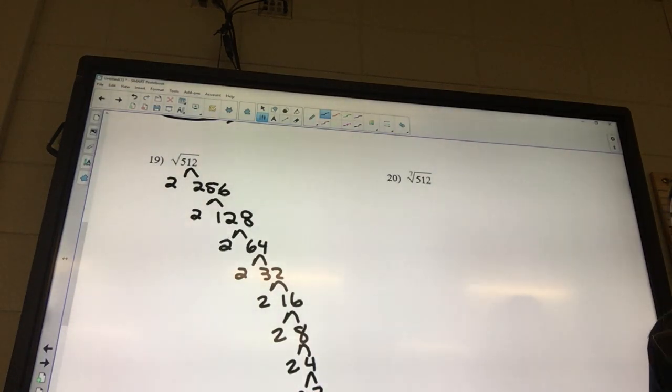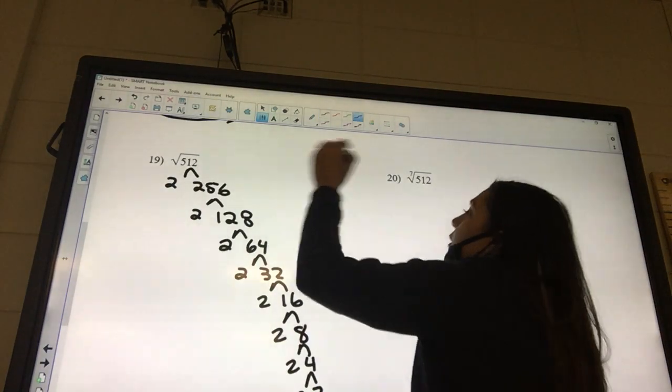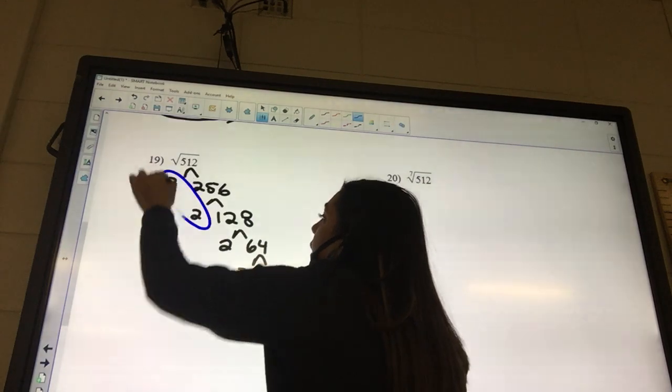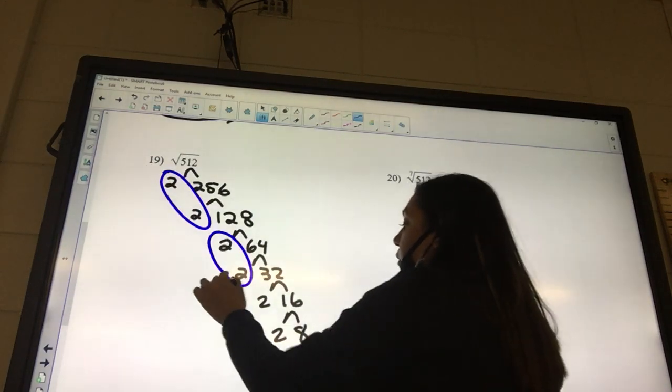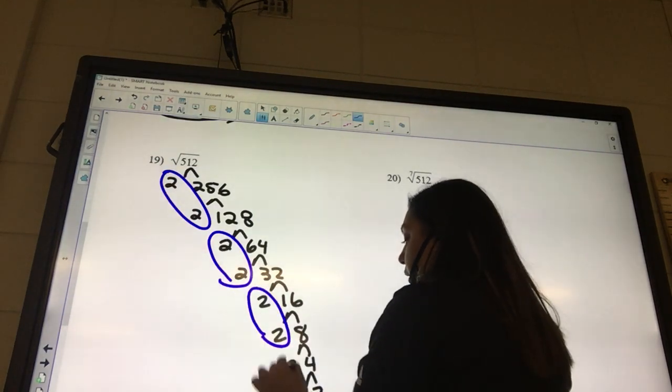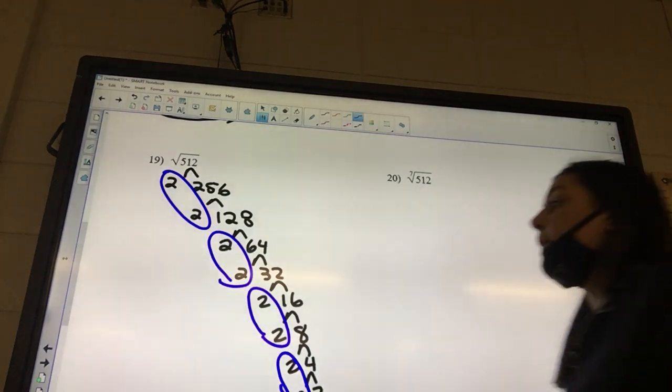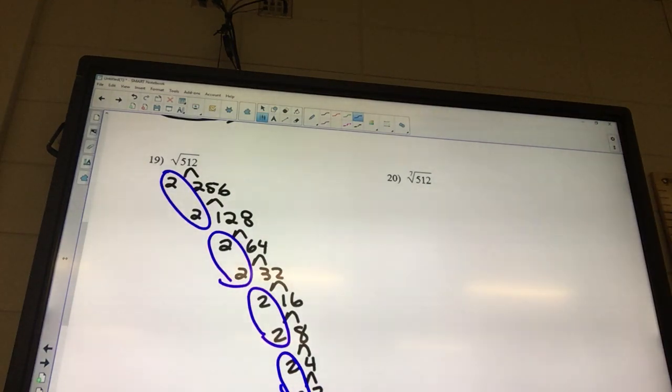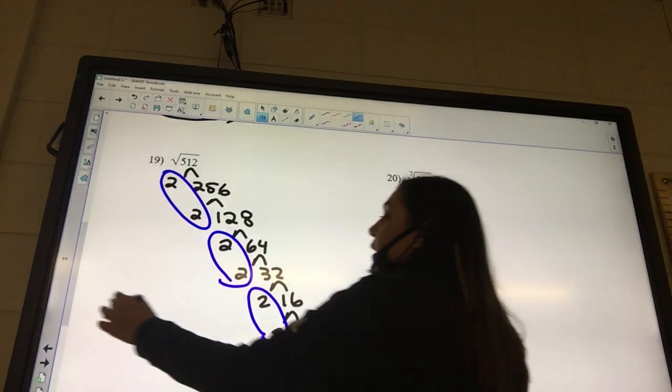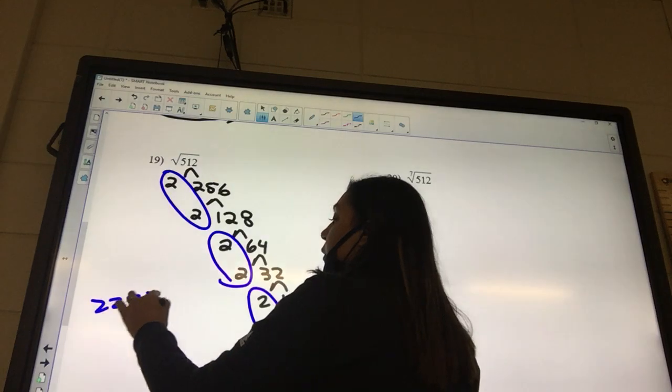Only 2 numbers can go. What's our group number? 2. Our group number is 2. So how many groups of 2 2s could we do? Yeah, so we got 1, 2, 3, 4. So that means I put 4 2s on the outside. 1, 2, 3, 4.